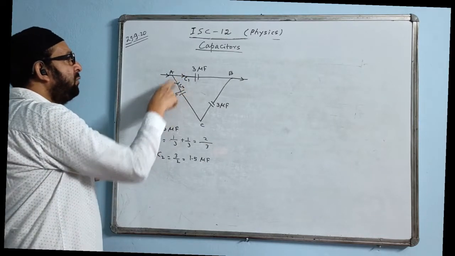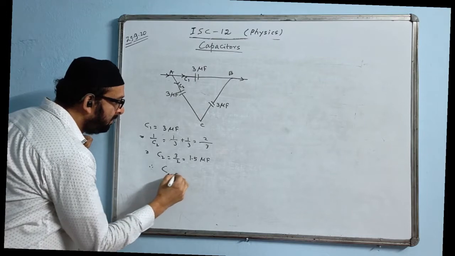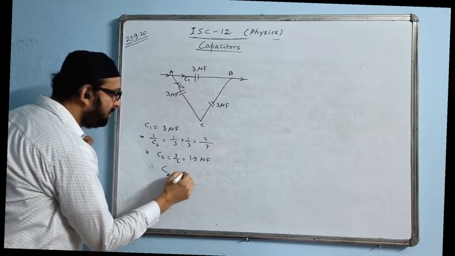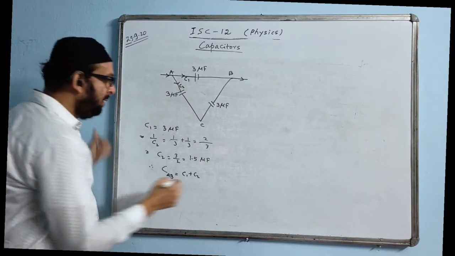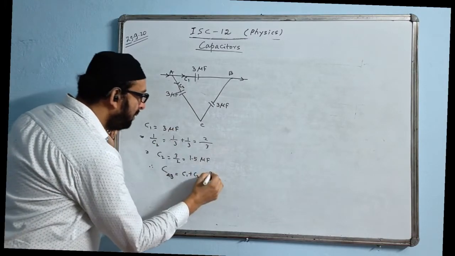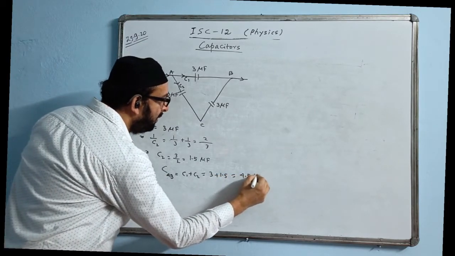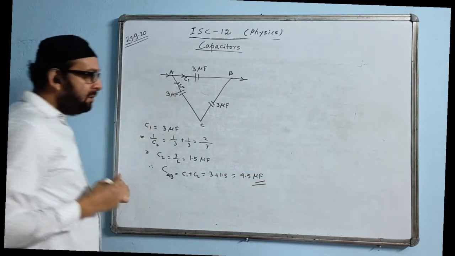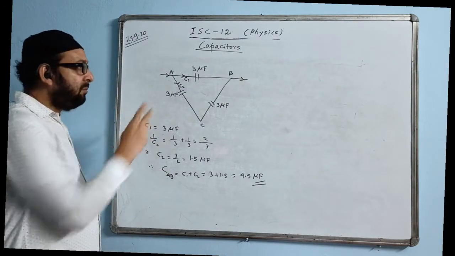Now, C1 and C2 are in parallel, so the net capacitance between A and B will be the addition of these two, C1 plus C2. The parallel formula is simple addition. So, C1 value we have 3 and this is 1.5, the answer will come 4.5 microfarad. That is the answer for this question. This is also a 2 marks type question.